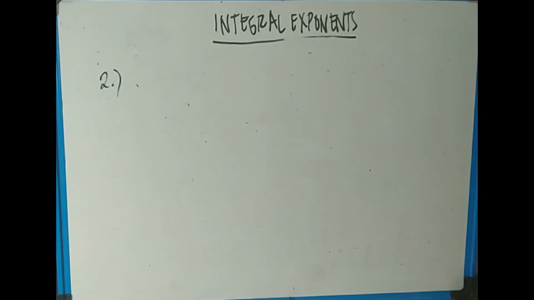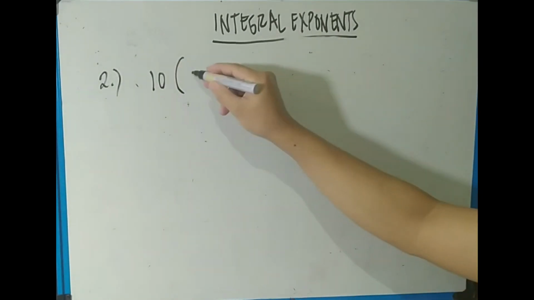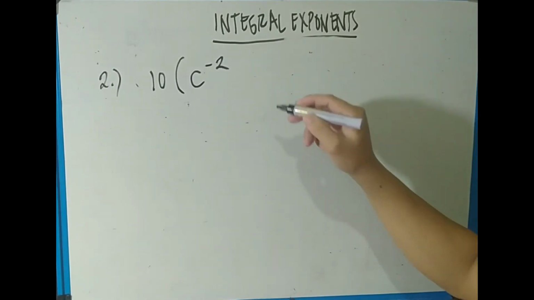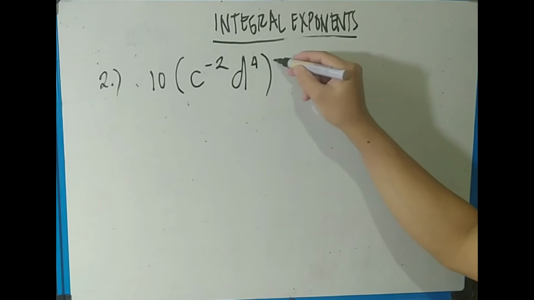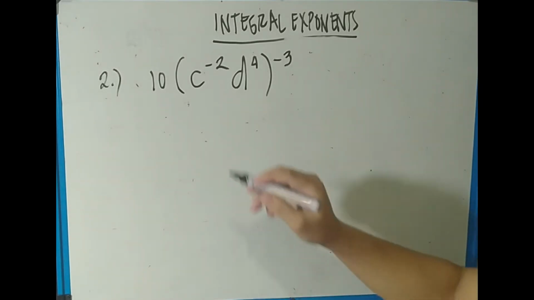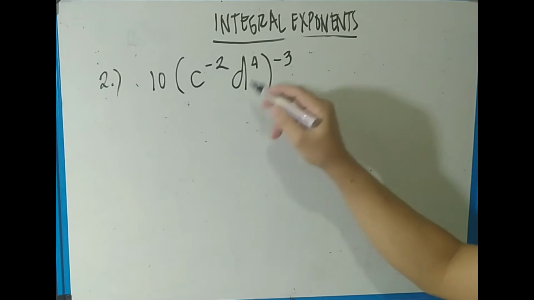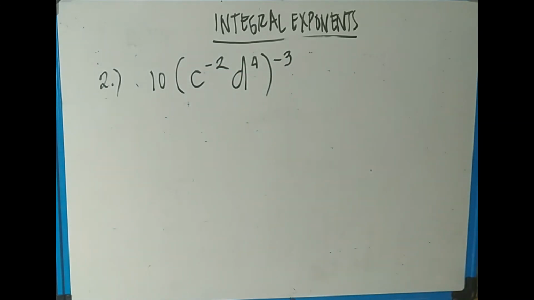Okay, for number 2, we have, let's say for example, 10, then multiply by c raised to negative 2, and then we have d raised to 4, then we have negative 3 as exponent sa labas. Okay, so in this case guys, ang gagawin lang natin ay same pa rin yung ginamit natin kanina. Since we have parenthesis here and an exponent sa labas, we are going to apply power rule.